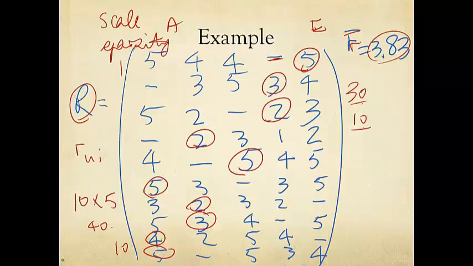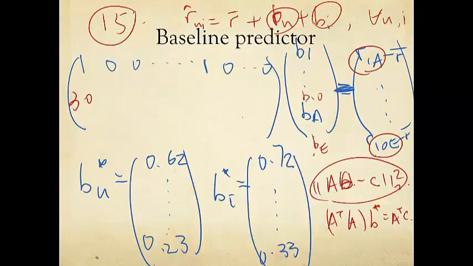Basically all the points here that are not red circled are our training data. And we have therefore 30 equations and 15 variables corresponding to b1 up to bE.